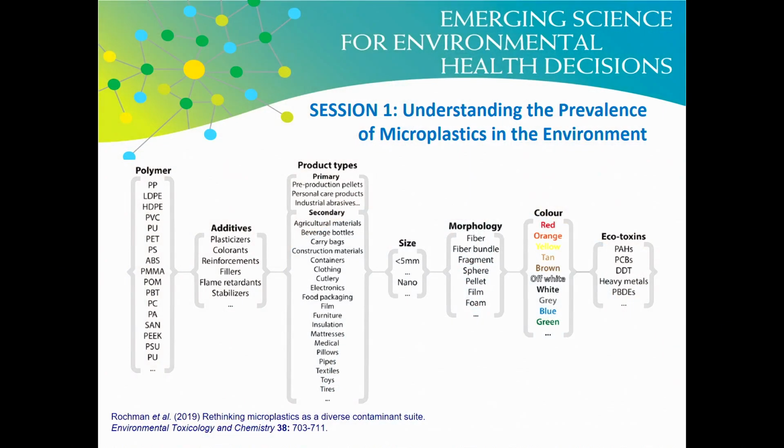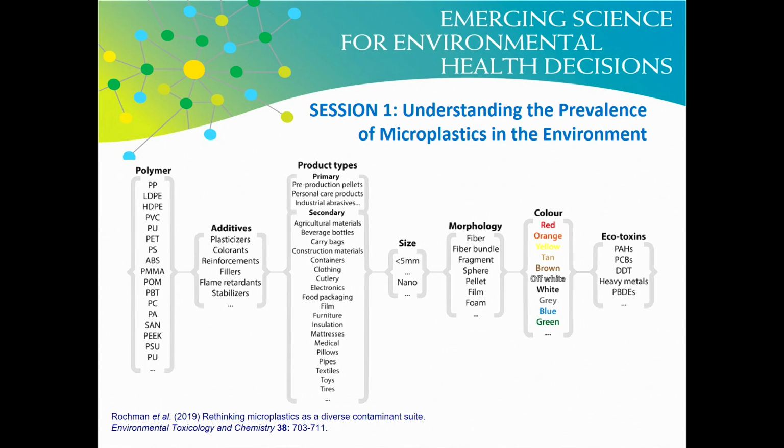Now, this will reiterate a point that Kara made. In trying to measure microplastics in the environment, one of the biggest challenges is that what we call microplastics is not a single contaminant like lead or even a uniform group of contaminants like PCBs, but rather a really diverse and complex mixture of materials.